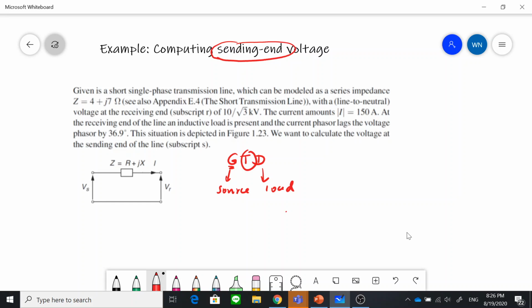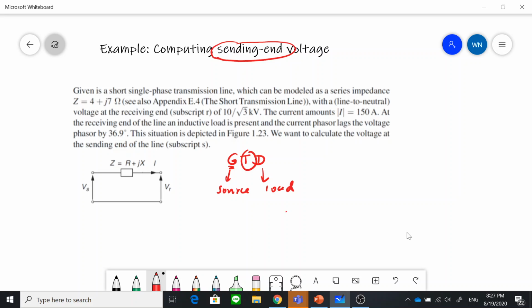So in most scenarios, we need to compute the voltage at the sending end, or at the source of the system.